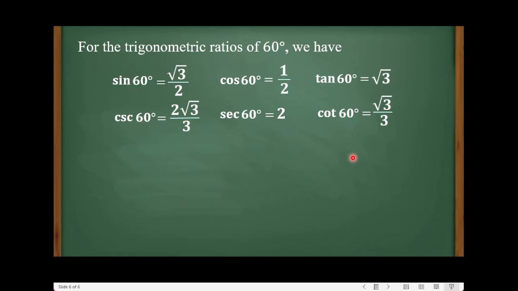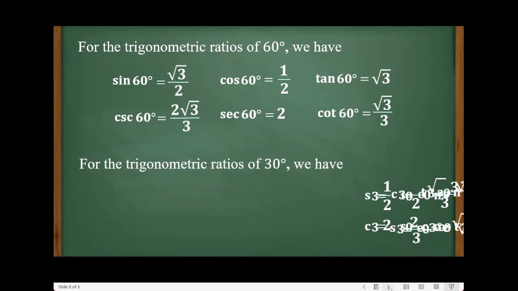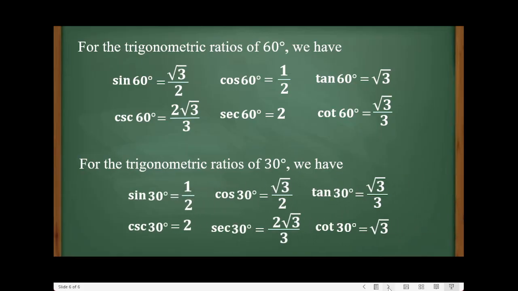And please take note of these values of special angles or trigonometric functions or ratios of special angles together with the trigonometric functions or ratios of 30 degrees, the one I discussed earlier. And these are the 6 values. Okay?